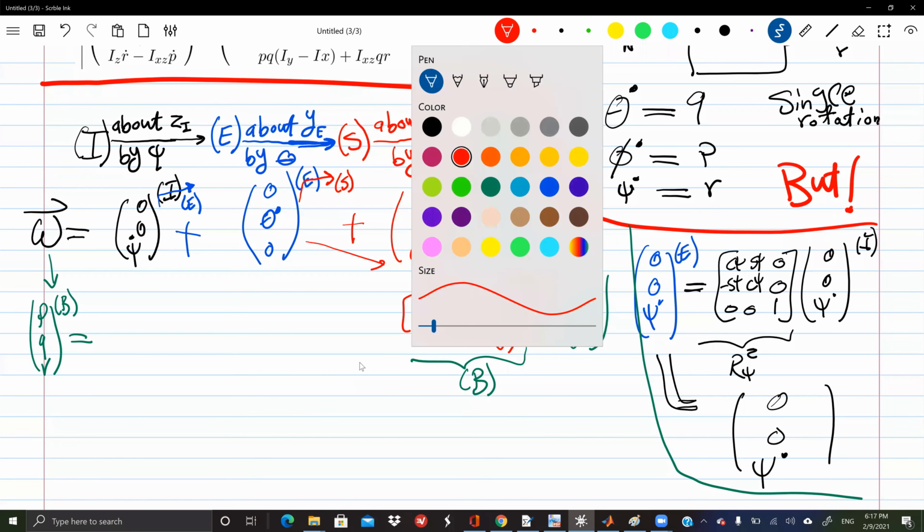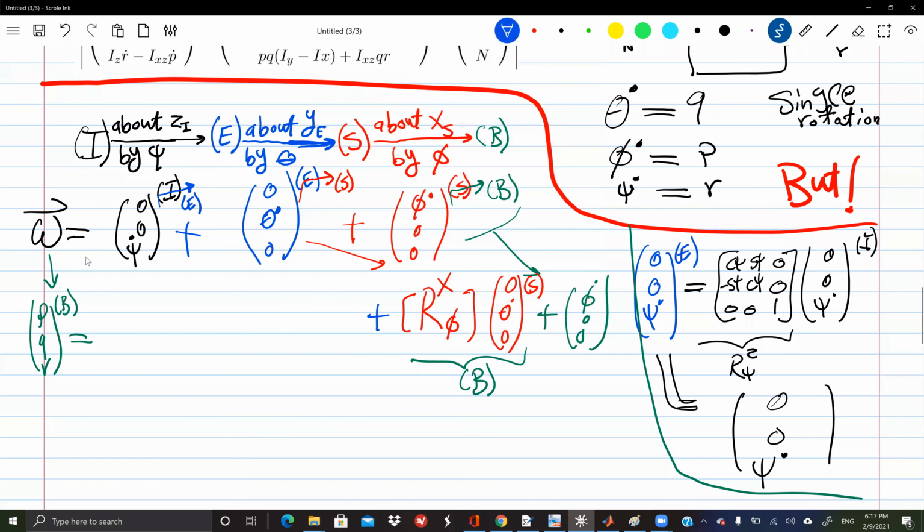Okay, finally, plus this guy, again, it's in the I or E. Here is I, here is E. The goal is to go to B, so I'm going to consider it as in the E frame because it's simply closer to the body. And please do it one at a time. So I'm here in the E. Here is the E in blue, 0, 0, epsilon dot in the E frame.